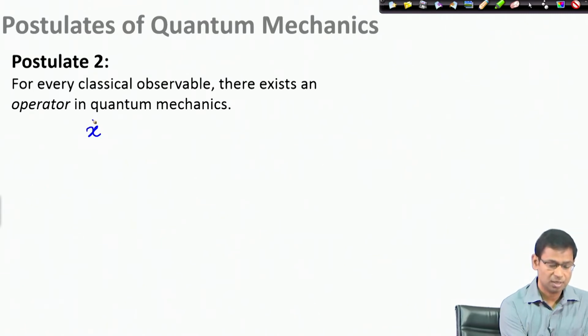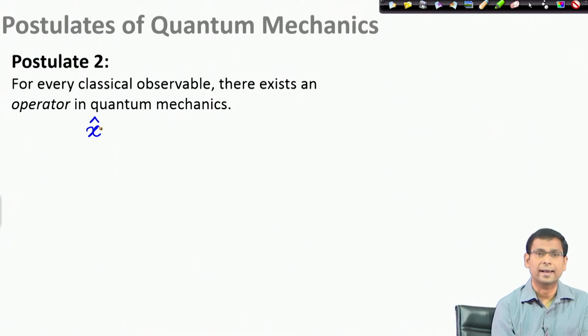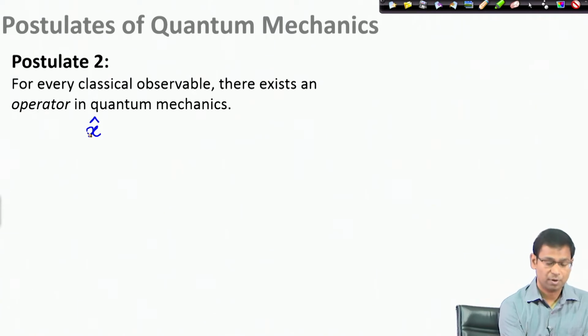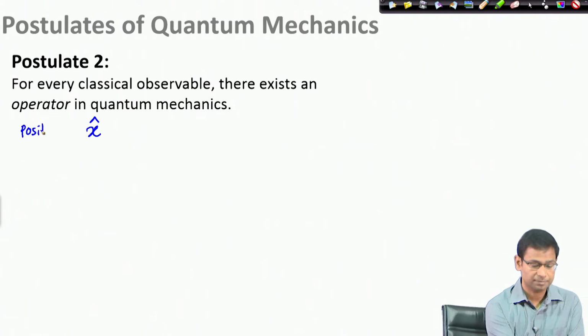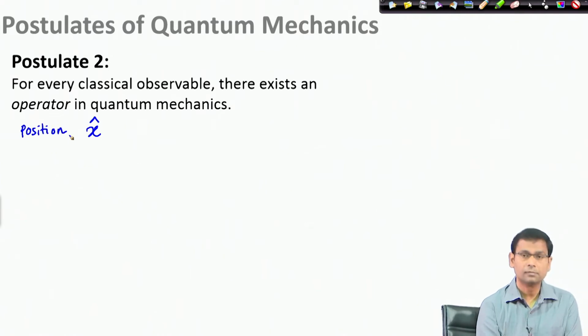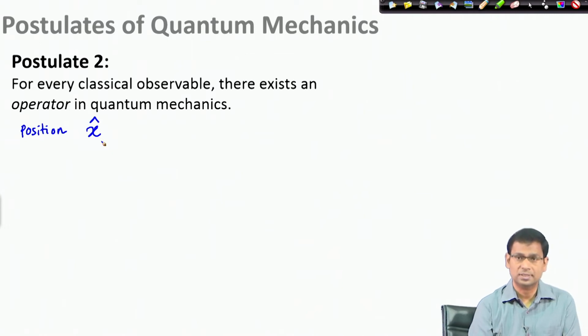So, position is given by an operator x. Any operator in quantum mechanics is denoted by a hat on top. So, x hat is the position operator. What is its function? An operator is essentially a rule or a command that gets carried out.